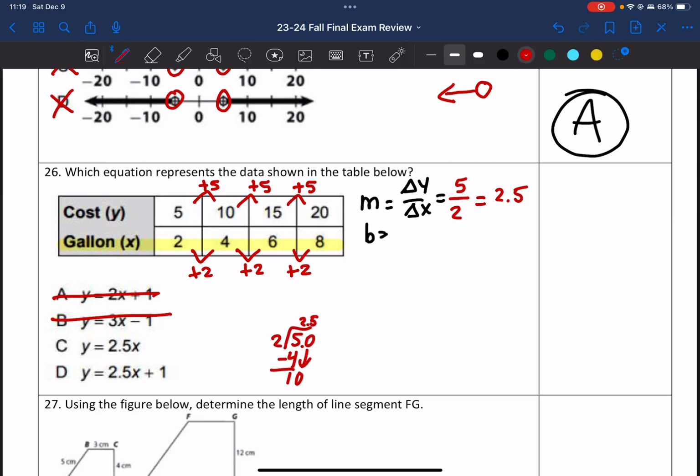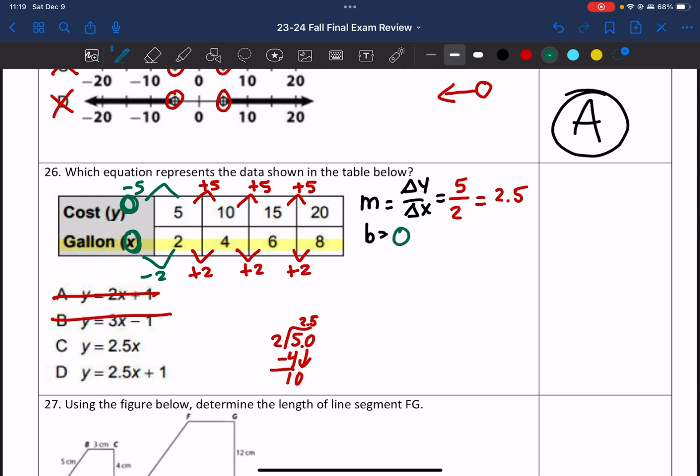Now let's go ahead and find the b. If I have to find my y-intercept, I have to go the opposite way, which is going to be this way. So minus 2, that is going to give me 0. And then 5 minus 5 is going to give me 0, okay?